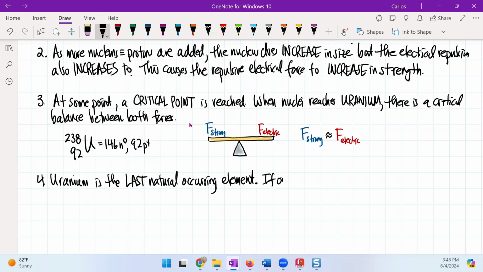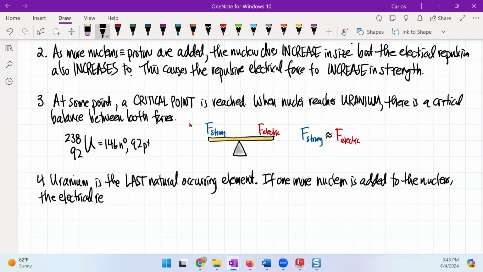If one more nucleon is added to the nucleus, the electrical repulsion becomes larger than the attractive strong force.